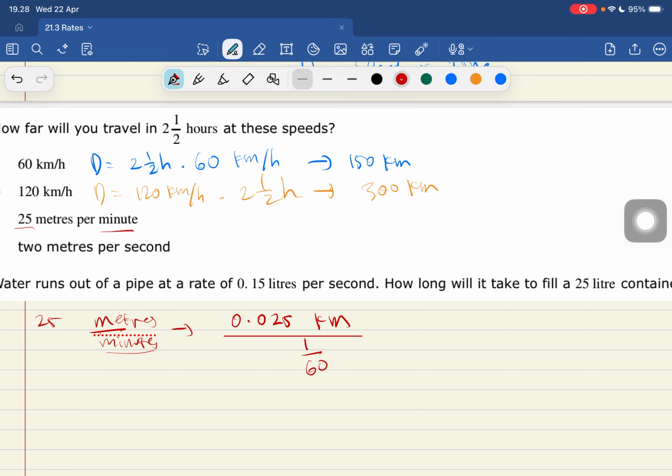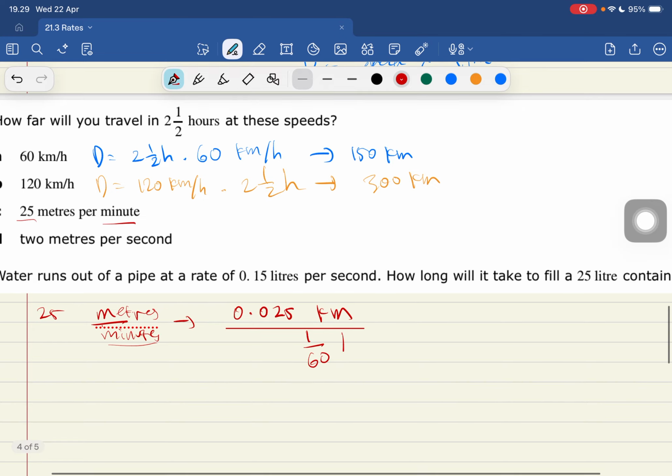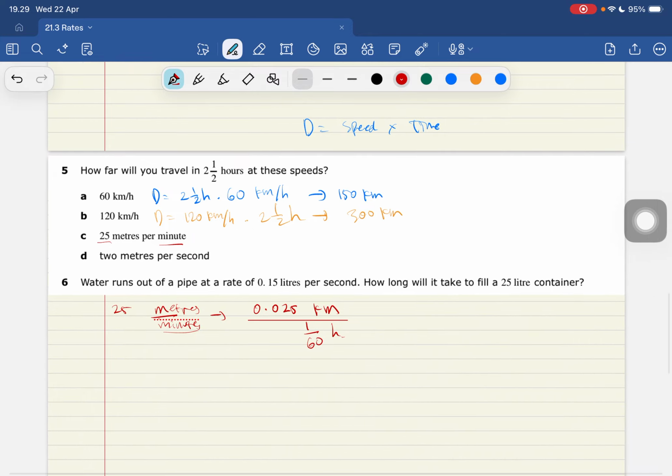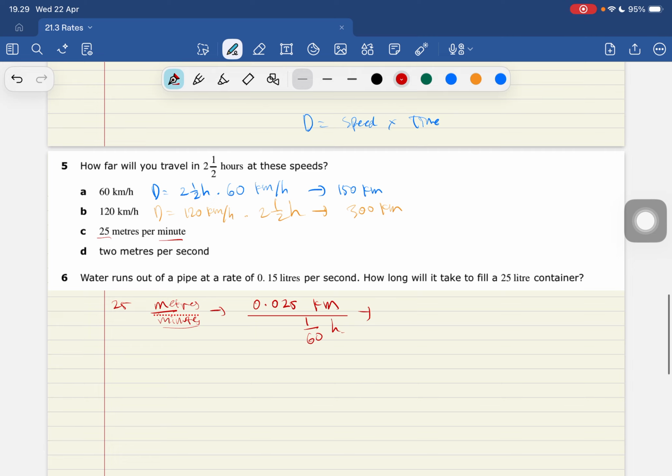Or if you would like to keep it as a decimal, 1 divided by 60. Or just keep it as 1/60. This is hours. So we can just go on. So 1 here, 0.025 we divide by 1/60.